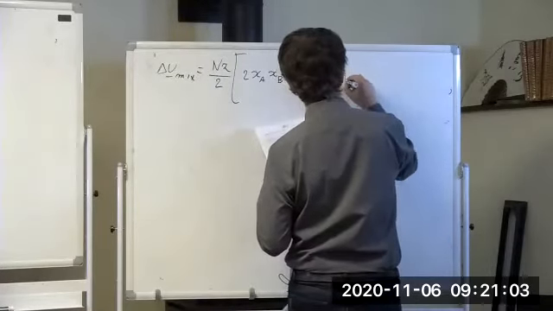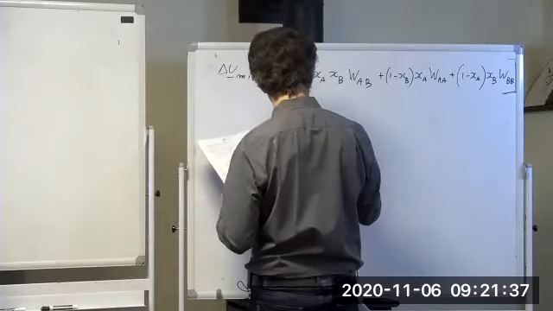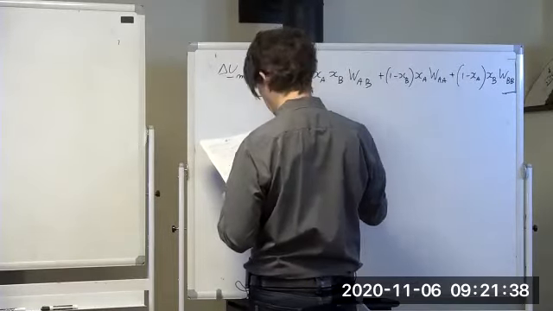And I have to subtract, this is the energy of the mixture, so now I have to subtract the energy of the pure components. So that's minus NA, which is XA times N, times Z over 2, times WAA.